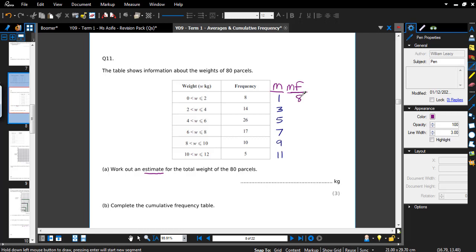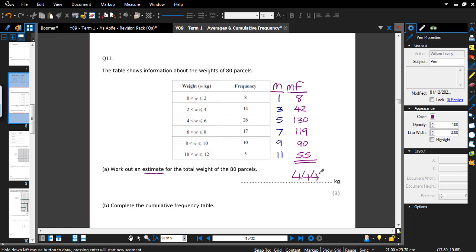So then we do MF. 1 times 8 is 8. 3 times 14 is 42. 5 times 26 is 130. 17 times 7 is 119. 90, 55. Alright, so now to get an estimate for the total weight, let's just add these up. 8 plus 42 is 50, plus 130 is 180, plus 119 is 299, plus 90 is 389, plus 55 would be 444.